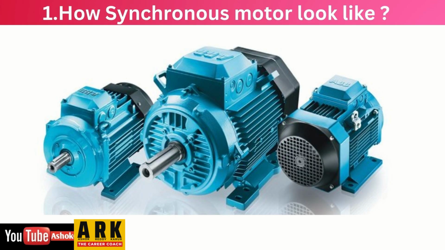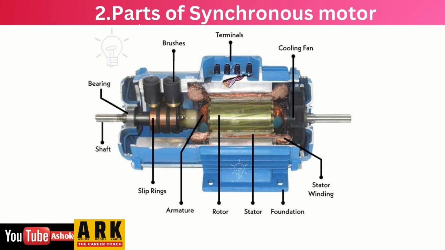So this is how the synchronous motors look. These are the parts of the synchronous motor. This is the stator, which will stay stationary and will not move. This is the rotor, from here to here. This one will be rotating, and you can see the copper windings here.